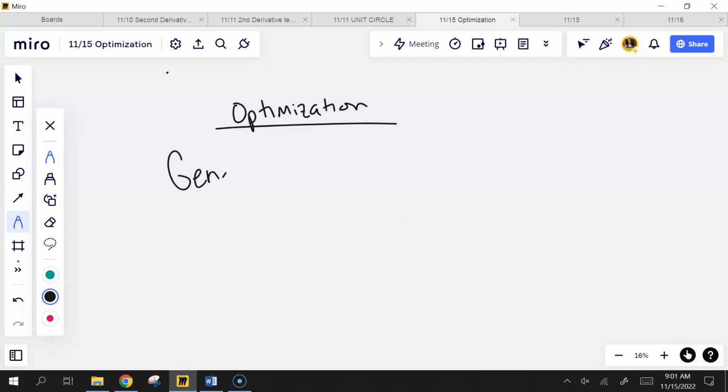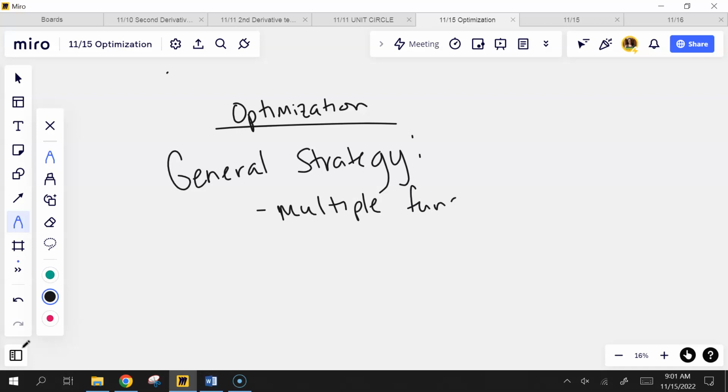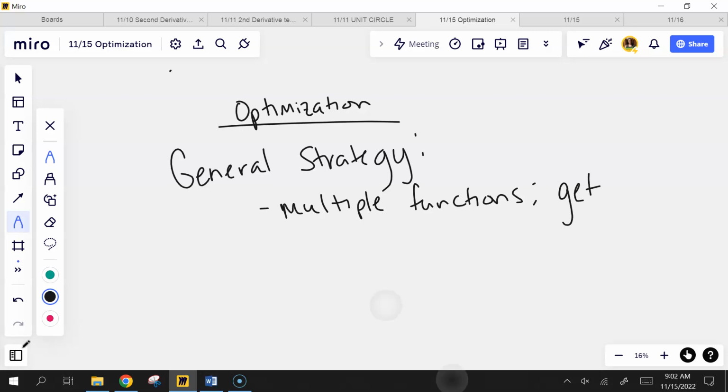And I can just give you a general strategy. I know y'all like steps and everything, but just in general, we'll have multiple functions. And we will have to get a certain function, whichever one I'm maximizing or minimizing, in terms of one variable only.